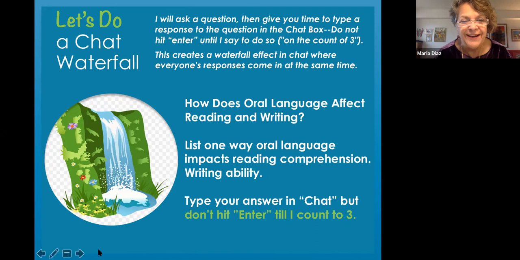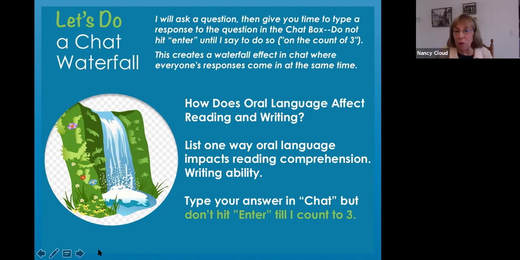Oral language infuses an emotional connection, aids comprehension, affects how we pronounce words. Oral language supports reading and writing. And oral language is important to reading and writing fluency. Another person said that students with well-developed vocabulary supports comprehension. Oral language helps organize our thoughts.